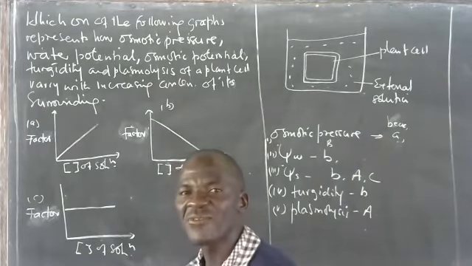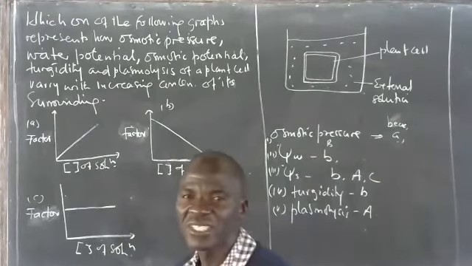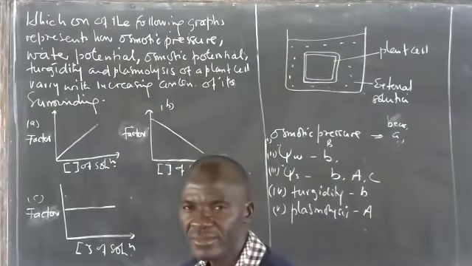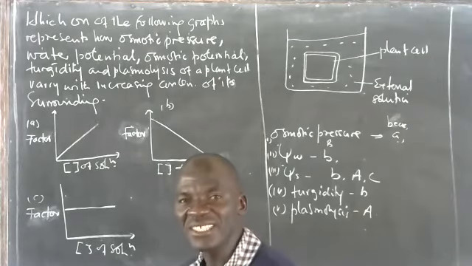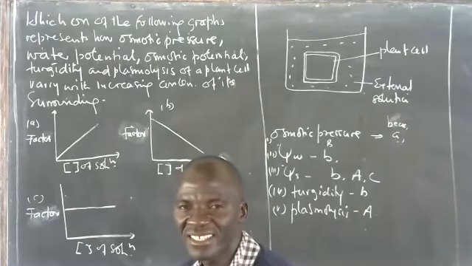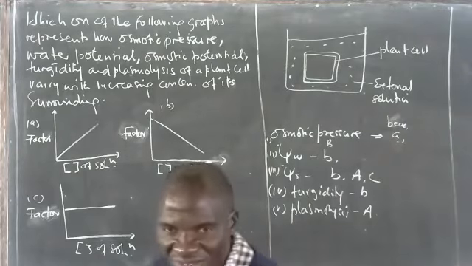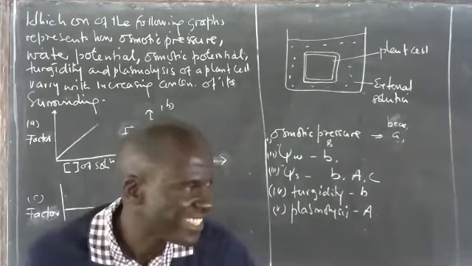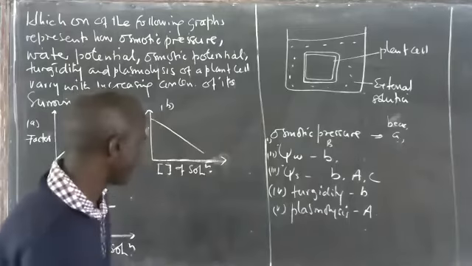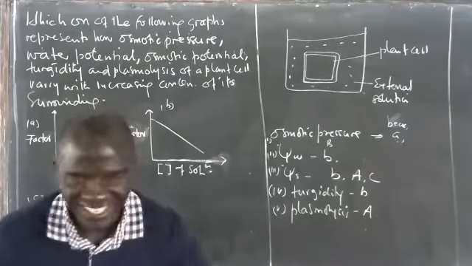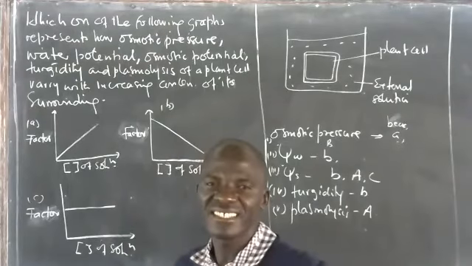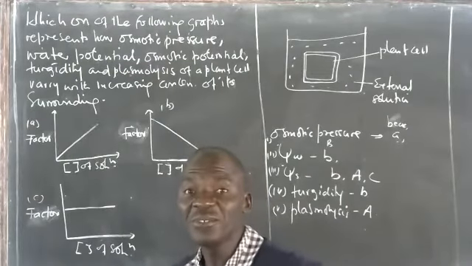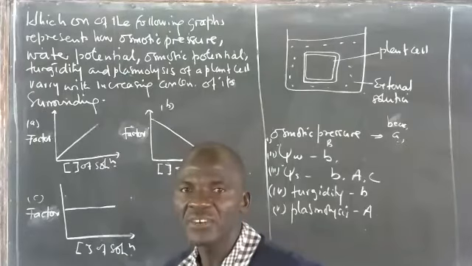The fifth edition says: the tendency of water molecules to move by osmosis.